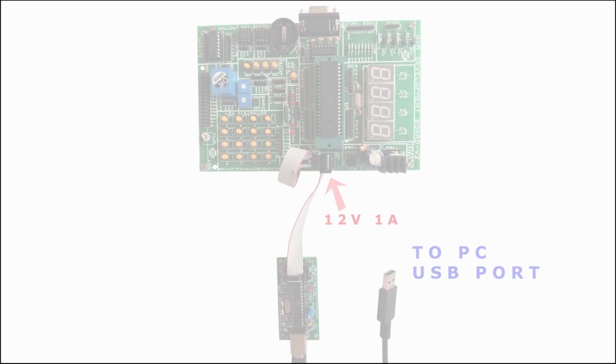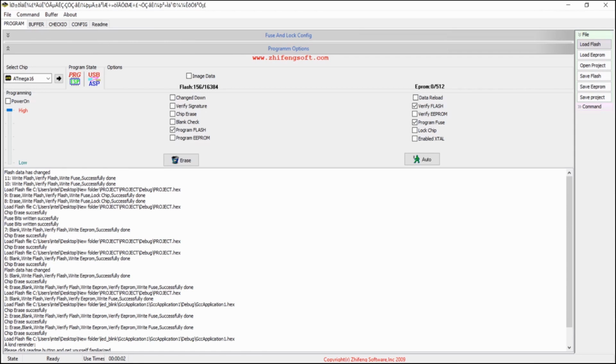Once you have done this, open the Program ISP software and choose the microcontroller required in the Select Chip drop-down box. Then you just want to check this Program Flash checkbox and then check the Program Fuse and Verify Flash checkboxes. And then you set the clock to external crystal oscillator in the fuse bits configuration.